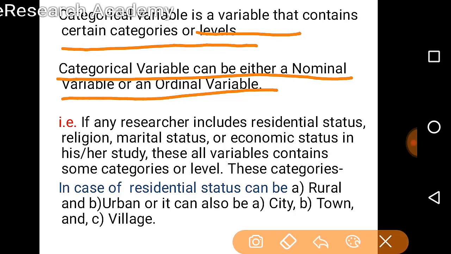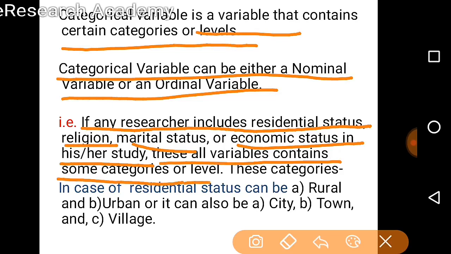For example, if any researcher includes residential status, religion, marital status or economic status in his or her study, all these variables contain some categories or labels, hence are known as categorical variables. The categories in case of residential status can be either rural or urban, or it can also be classified as city, town and village.